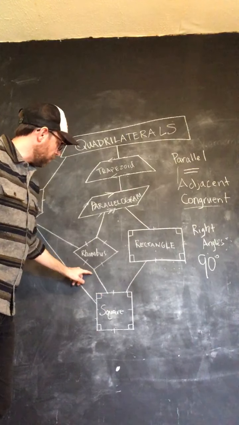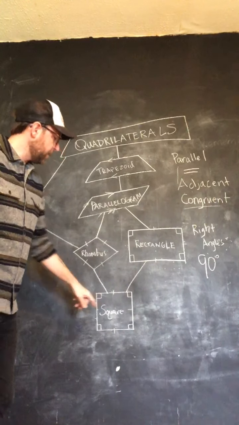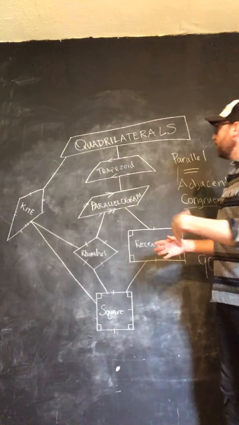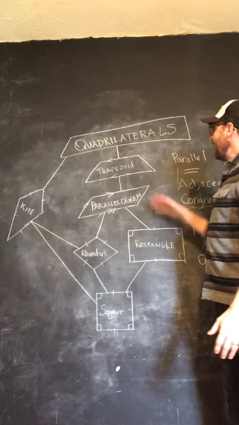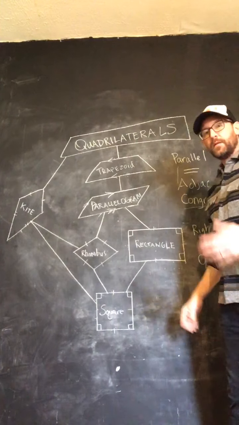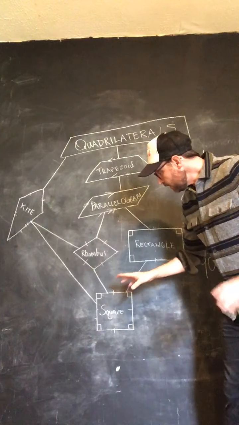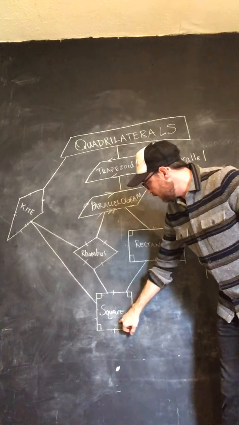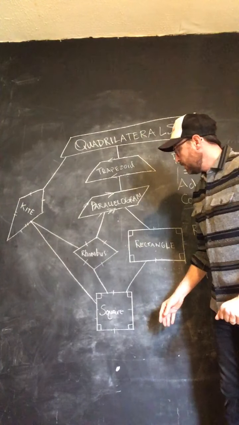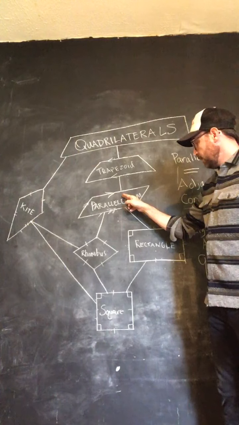So now we're going to follow this little connection down here. If we look at the square, the square is the mother of all quadrilaterals. It has characteristics of all quadrilaterals. Let's look at why. The square has not one, but two sets of parallel lines, so it is a parallelogram.